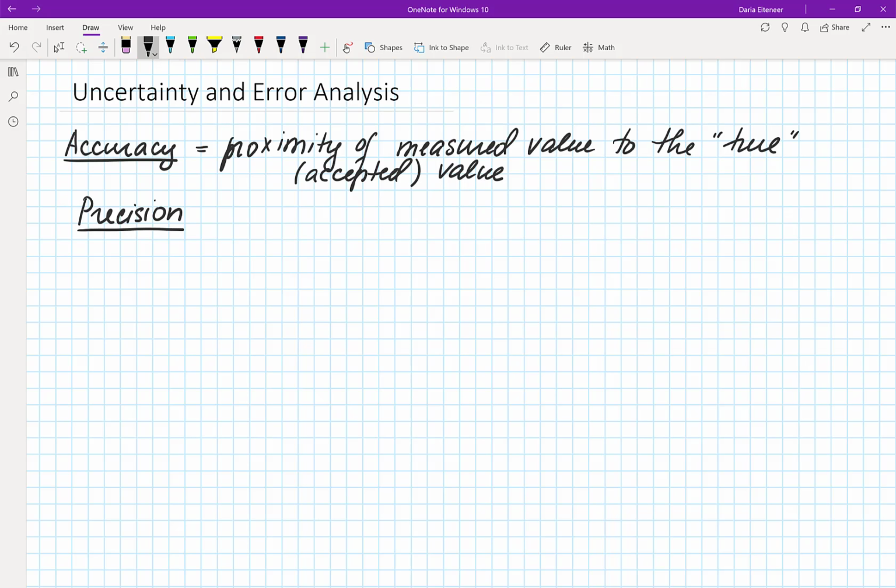Okay, and precision is proximity of measured values to each other.